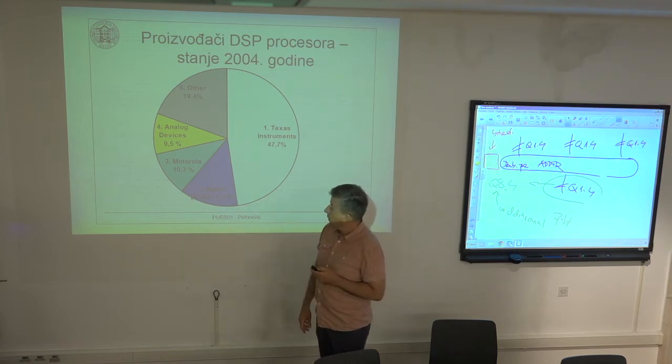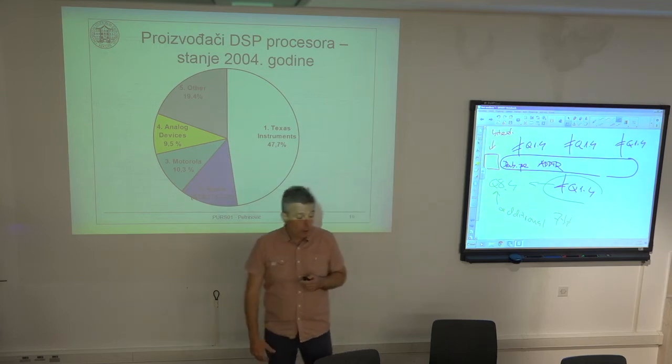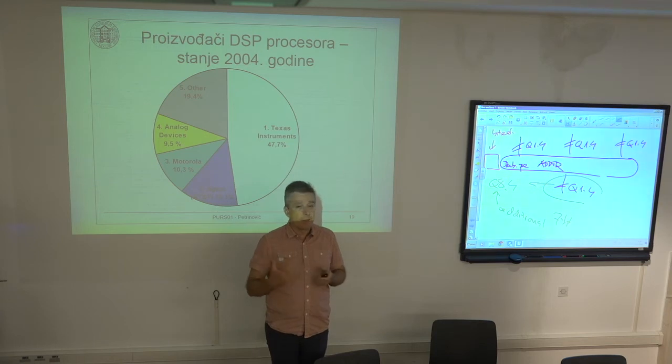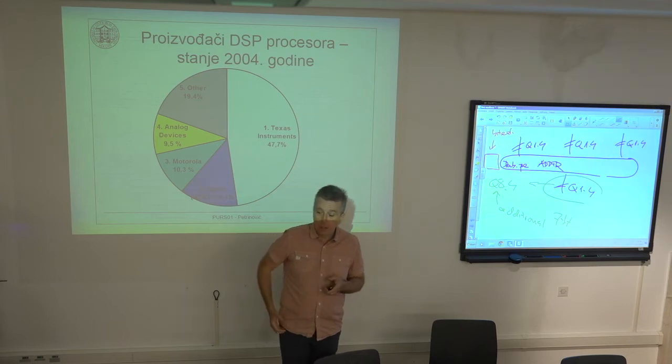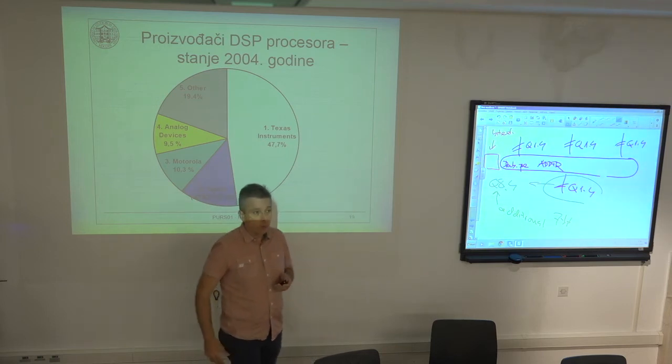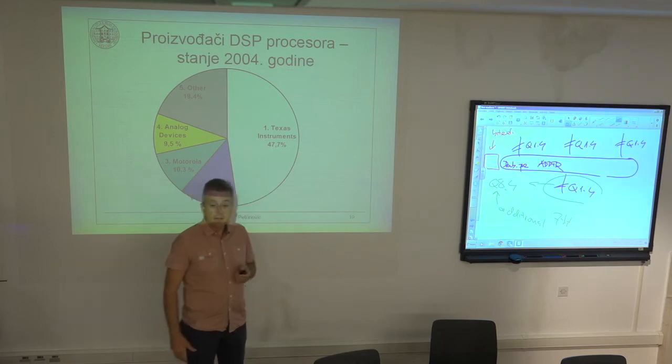It is also interesting to note that the most massive application of DSPs is not what is expected, I would say. Practically, the largest market for DSPs is hard disks.